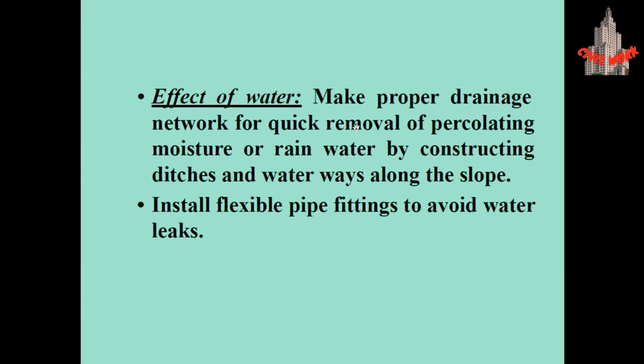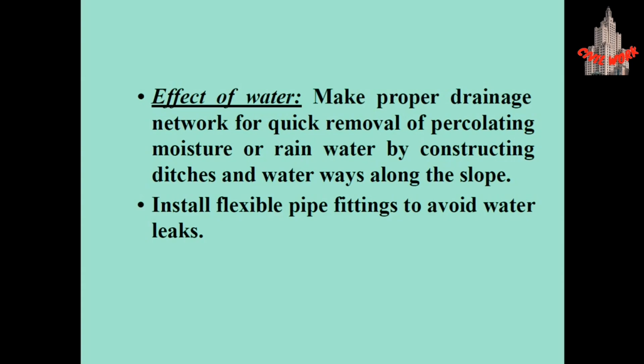The basic principle is that we have to construct a proper drainage network for quick removal of percolating moisture. Now, I need to tell you what percolating moisture is. Percolating moisture is the movement of water through the soil itself.